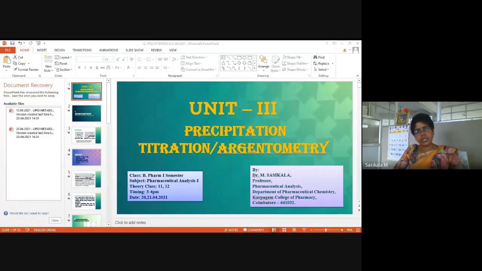Fajan's method is an indicator adsorption method. What are the indicators used? In Mohr's method, potassium chromate. In Volhard's method, ferric ammonium sulfate or ferric alum. And in Fajan's method, fluorescein and its derivatives: fluorescein, dichlorofluorescein, eosin. These are all indicators used in Fajan's method.